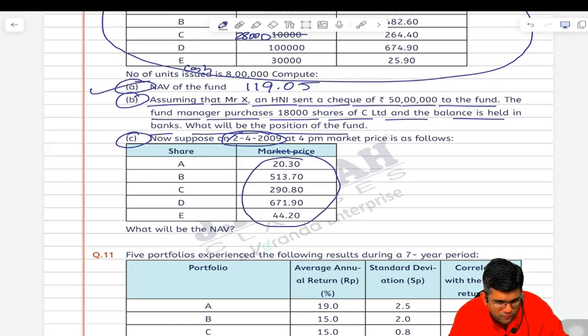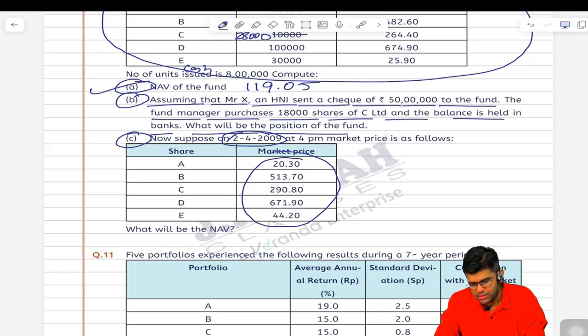I hope you got full clarity on how to solve the question. 8 marks question, frequently asked. Just the MPS column will change and accordingly the last column will change. You can write point number C, calculation of NAV on 2/4/2009.